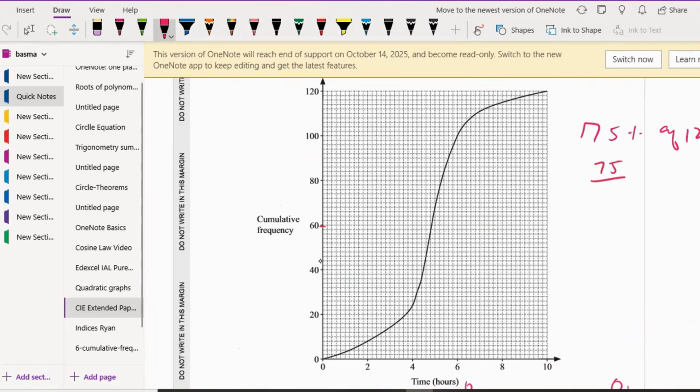75% means 75 over 100, and of means times 120. So the 0 0 cancels out and then it is 12 and 10. 75 divided by 10 will be 7.5, and then times 12. You can just multiply it: 2 times 5 is 10, 2 times 7 is 14, plus 1 is 15.